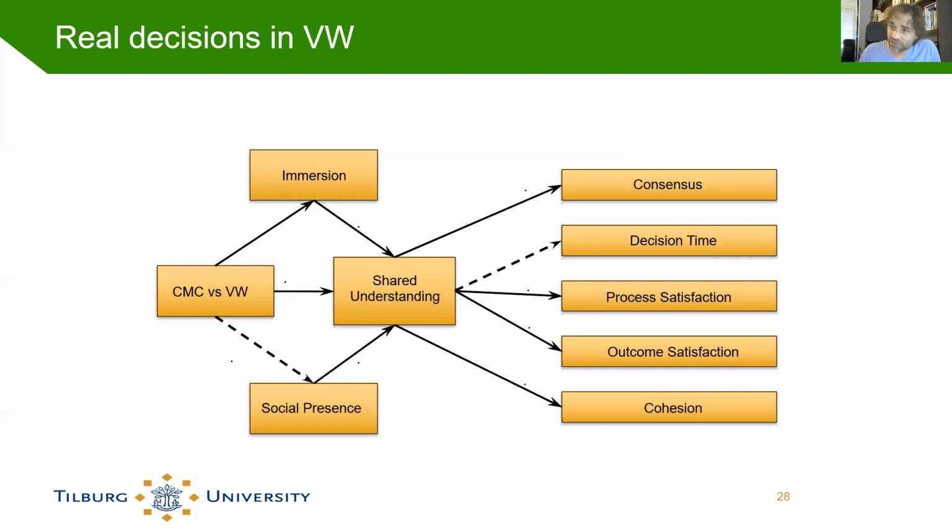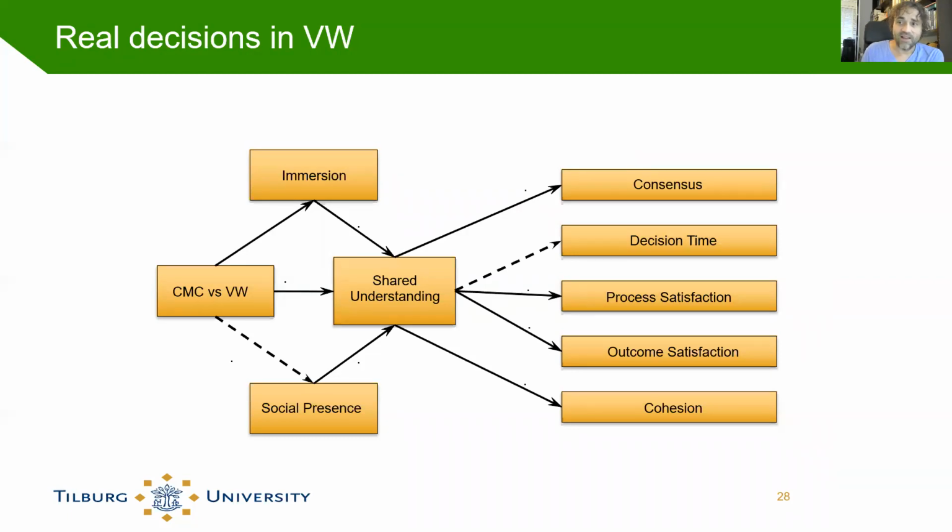So it's not a full test of the model, but we indeed showed that both immersion and social presence were needed to reach shared understanding. And that shared understanding was really important for the team to reach a decision.